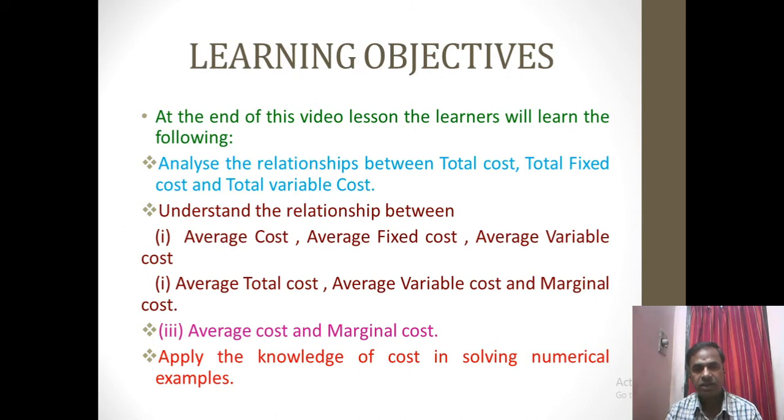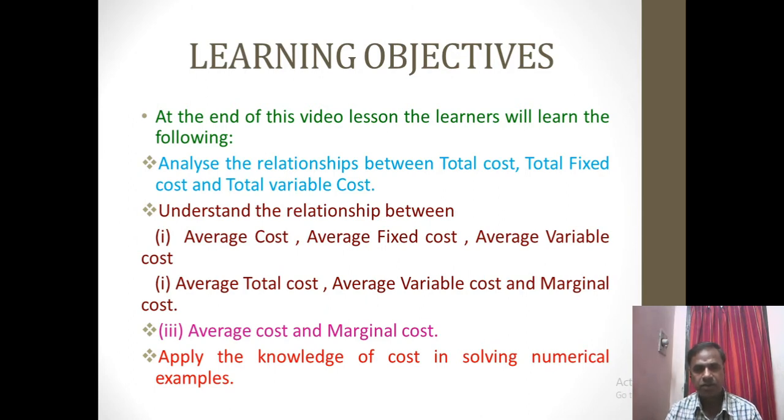Then we studied the average costs. Average cost is the sum of average fixed cost and average variable costs. The shape of average cost curve is U-shaped. And AFC, average fixed cost, is calculated by dividing the total fixed cost by the quantity of output.